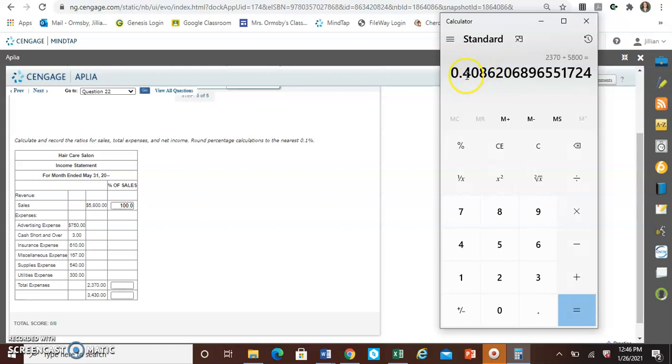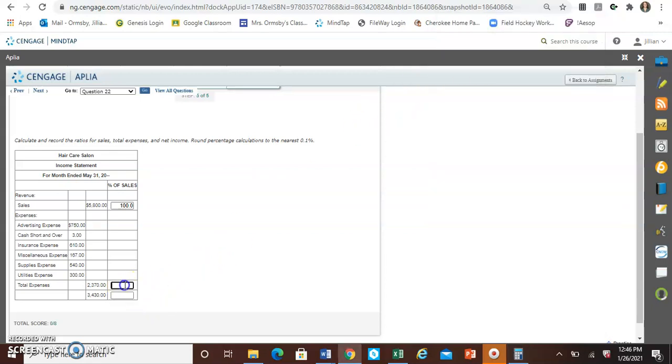So we're moving the decimal over 2, so it's 40 point, and it would actually be 9 instead of 8. The reason why is because this number here is 5, 6, 7, 8, or 9. If it's any of those numbers, we're going to round up to the next decimal. If it's a 0, 1, 2, 3, 4, it's just going to drop off. So this would be 40.9%.